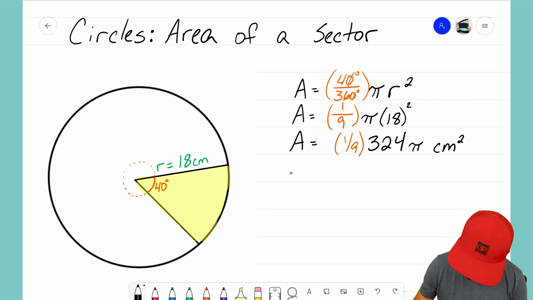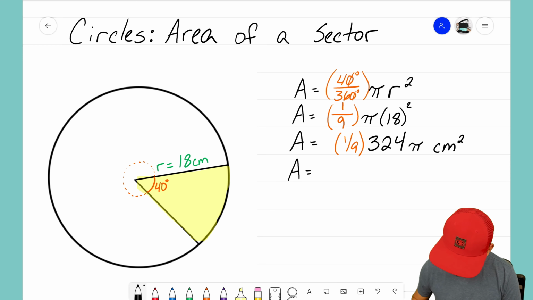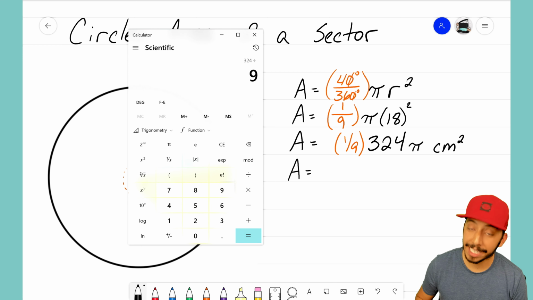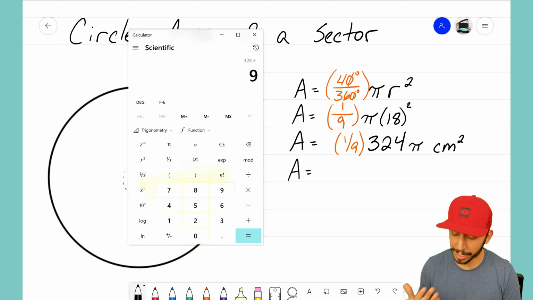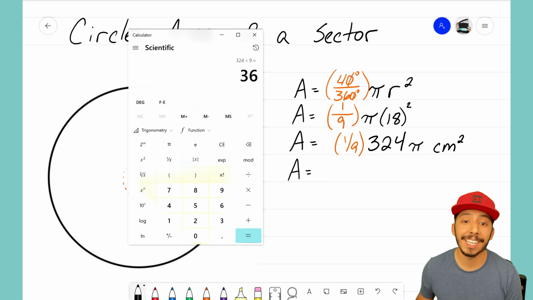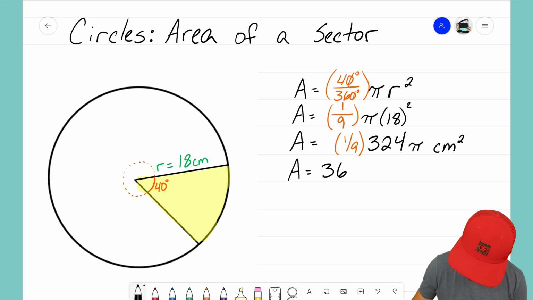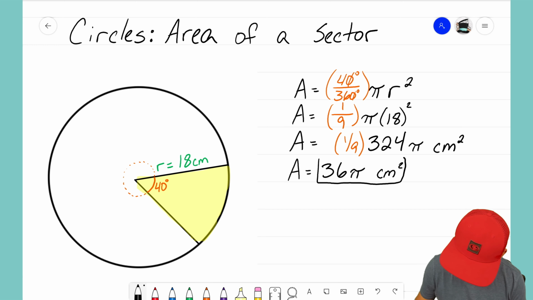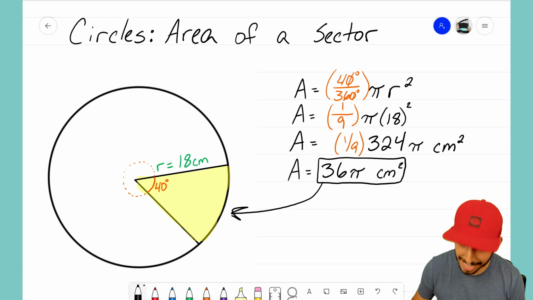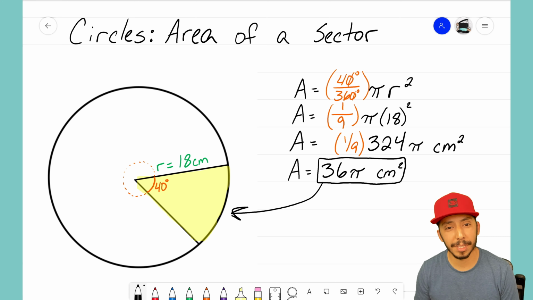So our very last step to finally find the area of this sector, I just have to take 324 times 1/9, which is the same as dividing by 9, and I see that my area now becomes 36 pi centimeters squared. That is the area for that sector of the circle.